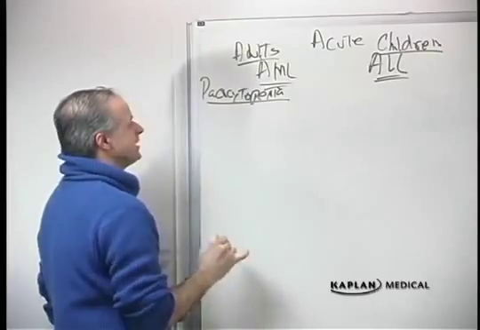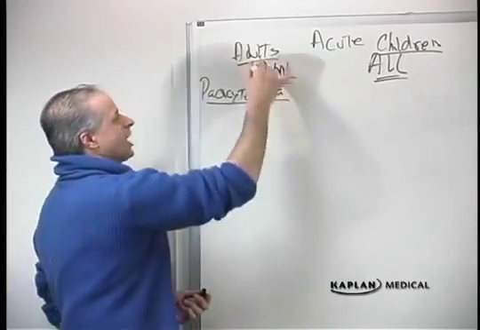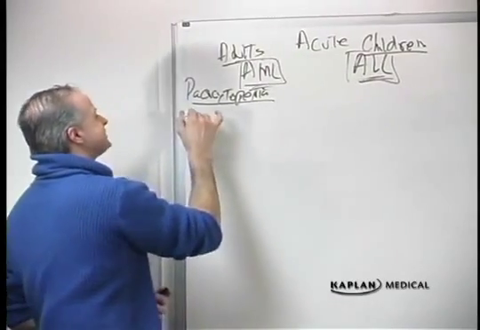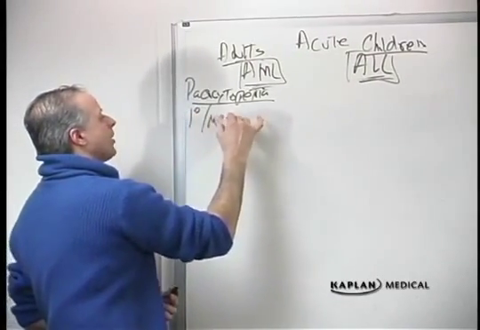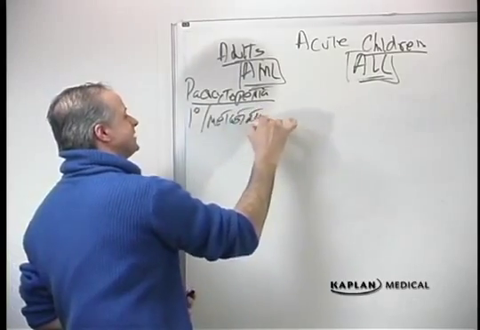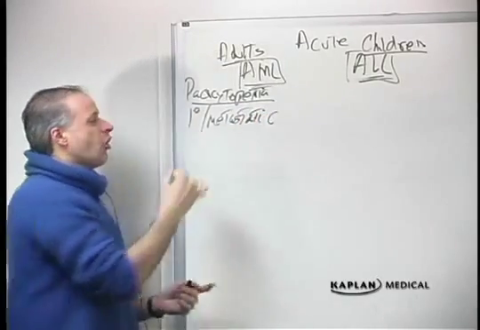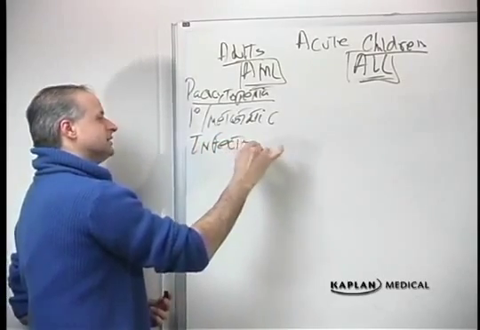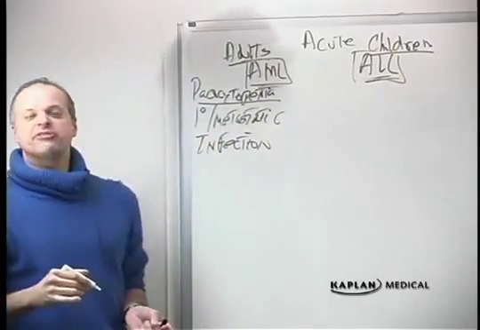Now, pancytopenia in general is any primary cancer of the marrow, such as these, or metastatic disease to the bone marrow. Also can be infections invading the bone marrow, such as tuberculosis or fungus.